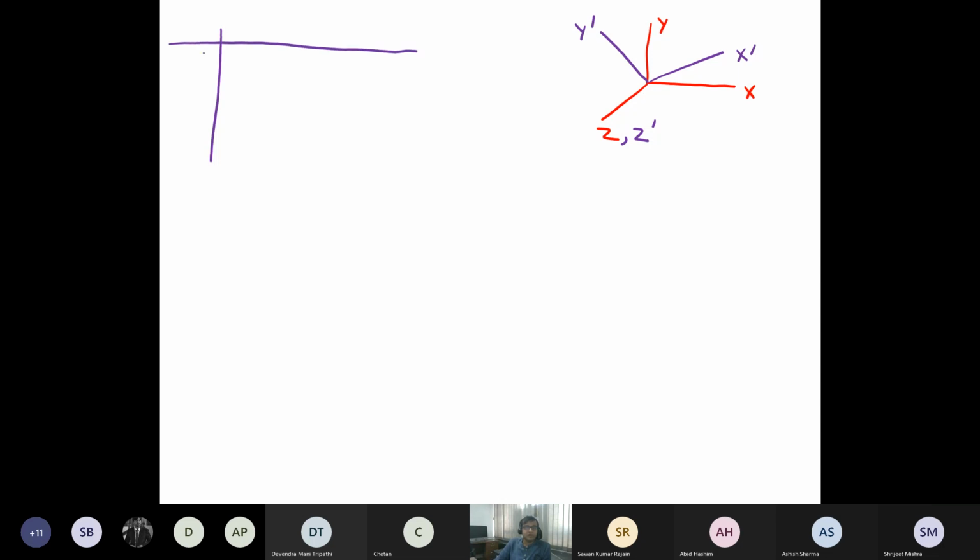So I have x, y, z, and then I have x prime, y prime, z prime, and we'll try to find out these angles. So first is the angle between x prime and x. This is in the clockwise direction, and this is equal to 45 degrees, which is given here. And therefore, this will be cos of 45, which is 1 by root 2.